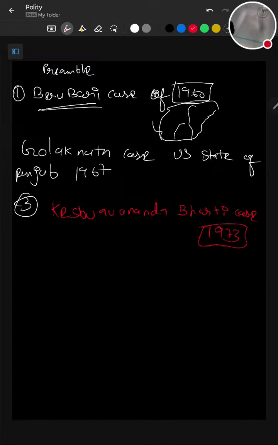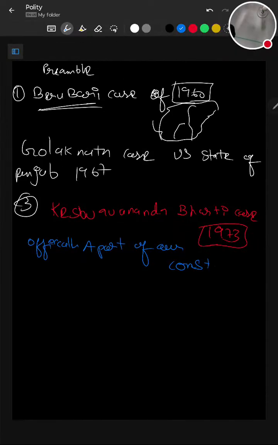The Keshavananda Bharti case is the case in which the preamble officially became a part of our constitution, right? In this Keshavananda Bharti case, 1973. That's the whole thing in here.